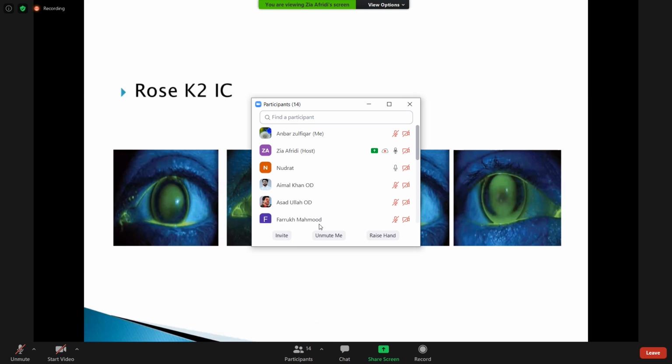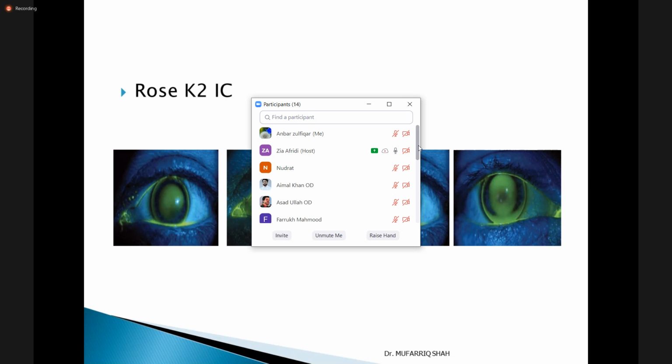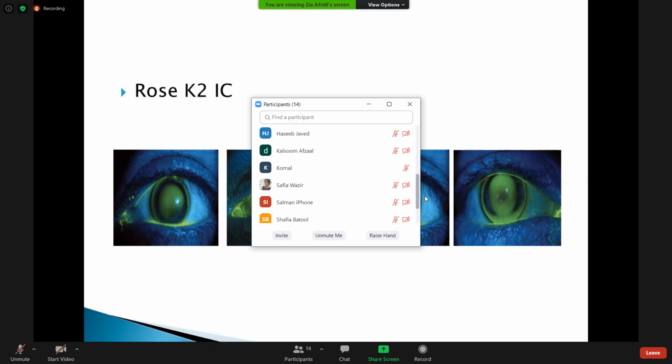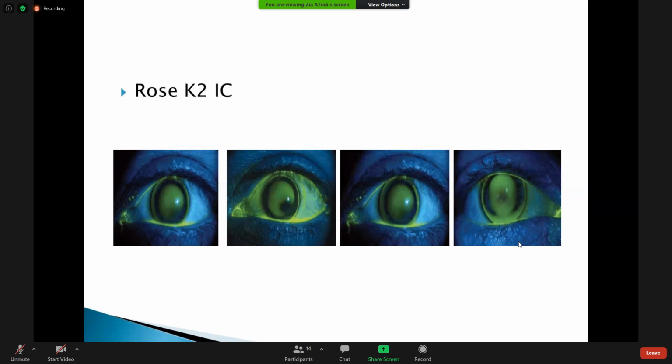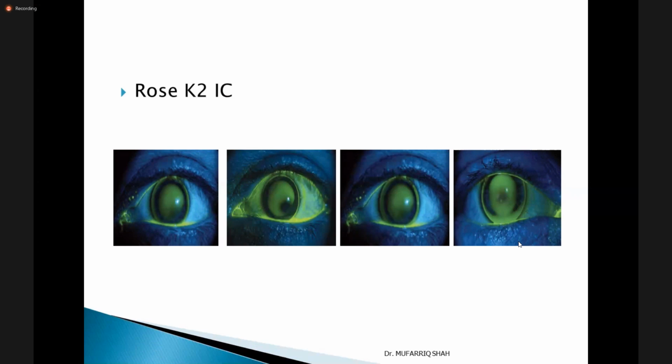In most cases, if there is irregular cornea, you will need asymmetrical corneal technology or peripheral corneal technology. In irregular cornea, you will see that in any one quadrant it is steeper, in the other quadrant it is a bit flatter.